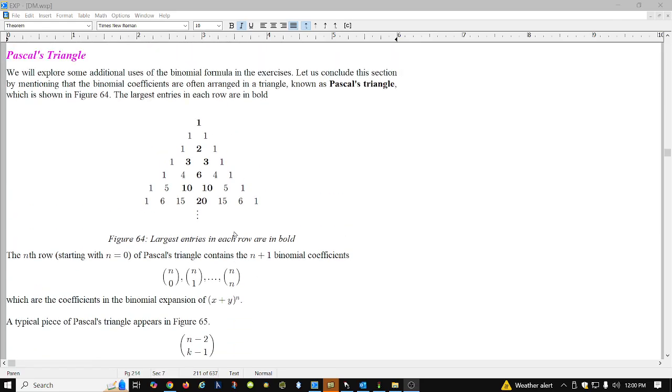The nth row of Pascal's triangle, n could be 0, so we'll start at row 0 at the top, contains these n plus 1 binomial coefficients. So the first row contains 2 binomial coefficients. When n is 1, n plus 1 is 2.